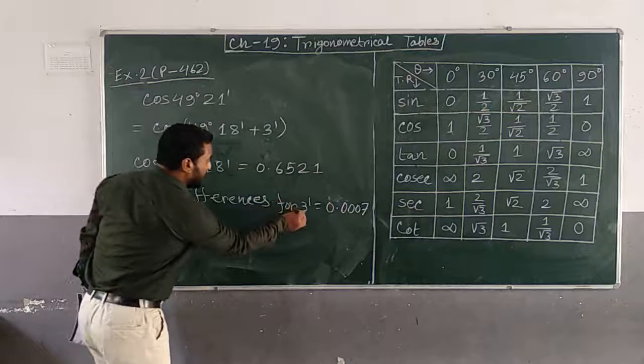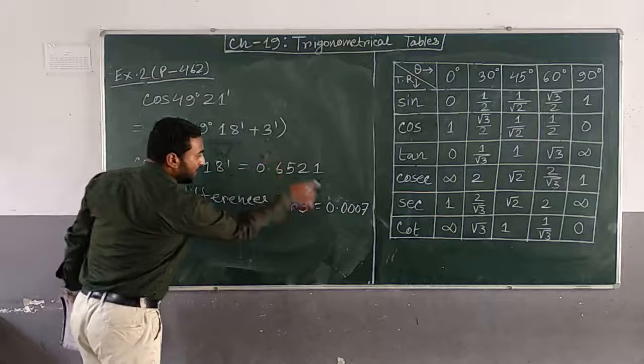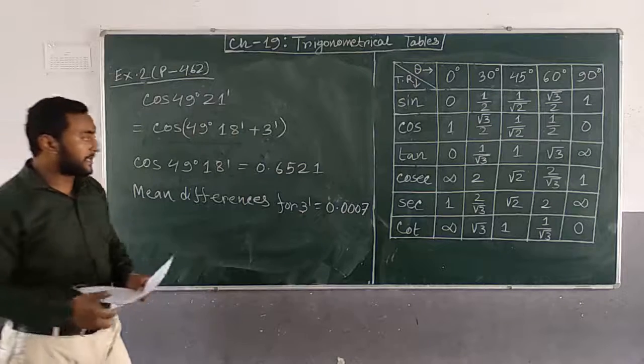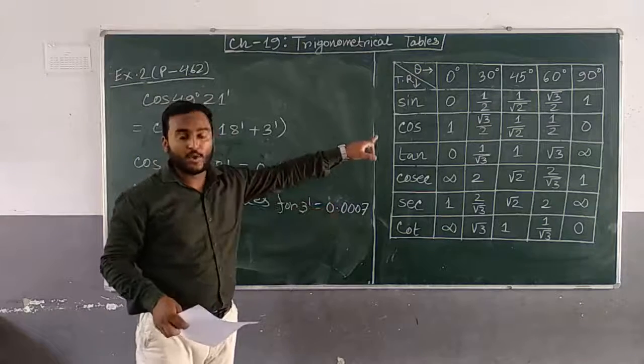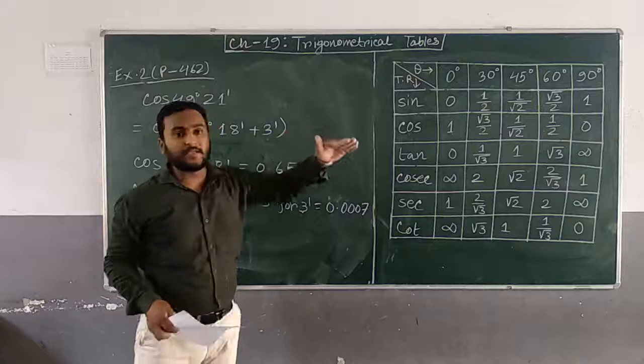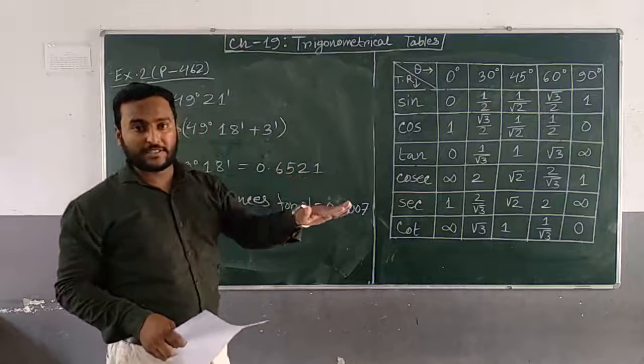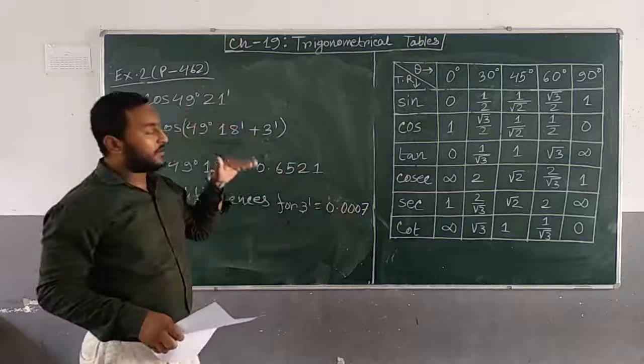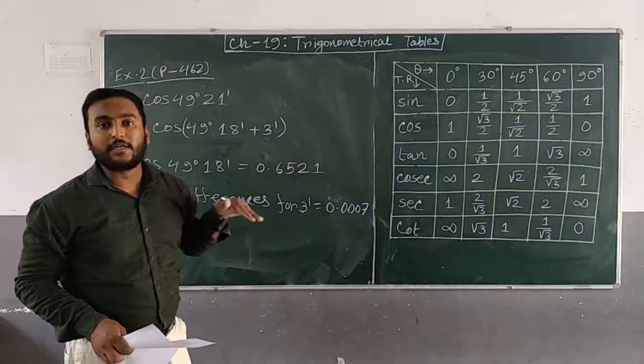So when these 3 minutes are added, this value will be subtracted from this one. Instead of adding, we will subtract. In case of sine, we added because angle is increasing, ratio is also increasing. But in case of cos theta, when angle is increasing, value of cos theta is decreasing.